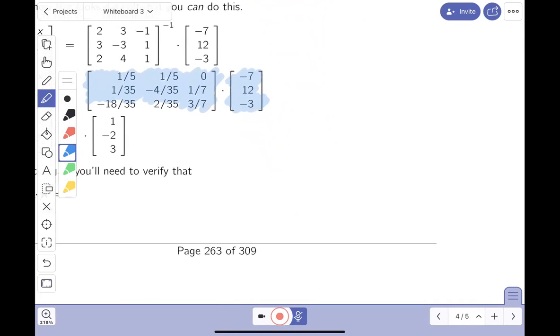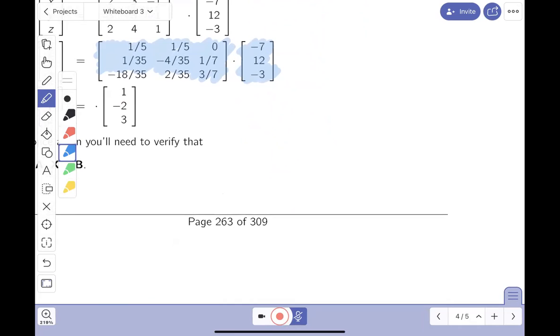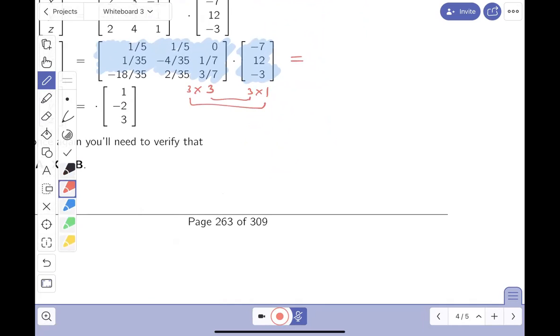Blow this up a little tiny bit. And I'm going to write this below it. This is a 3 by 3, and this is a 3 by 1. These are matching. And my result is going to be really simple. It's going to be a 3 by 1. My claim, it should be incredibly easy to do, provided you can do arithmetic. I'm going to write this down.